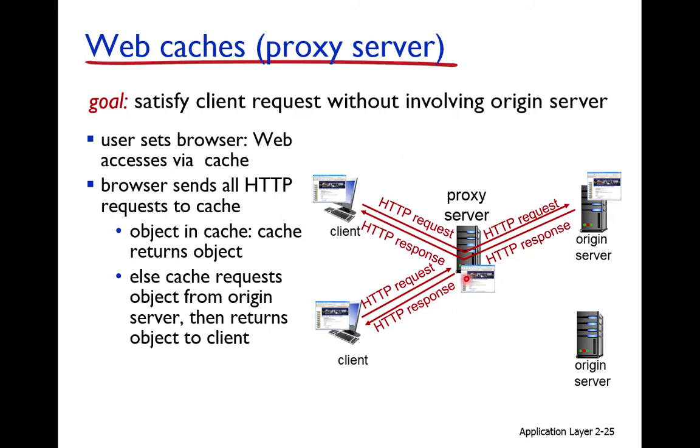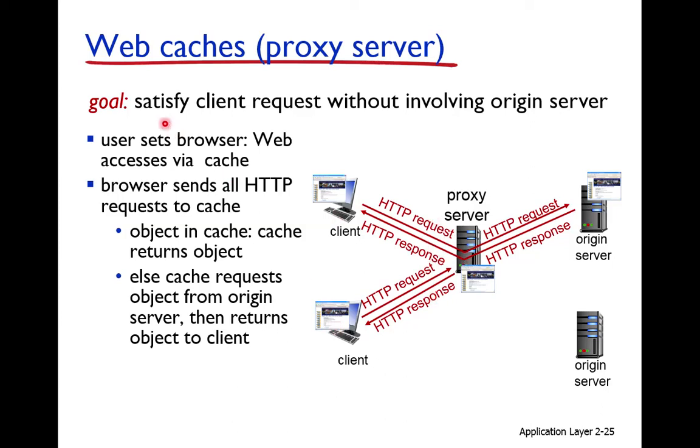Since this client is requesting the same object, and it is already present with the proxy server, the proxy server will respond from here. It will not send the traffic to the origin server. Okay, so this is the working of web cache.